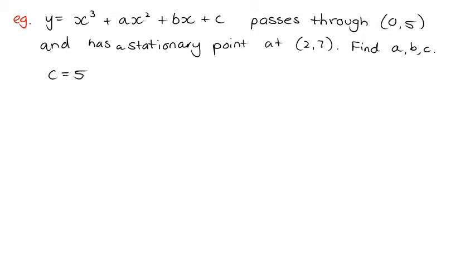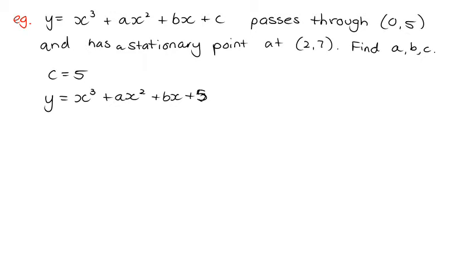Right, let's rewrite our equation with what we already know, which is that c equals 5. Right, we've got some y's and some x's. So what might we use to sub in? 2 and 7.